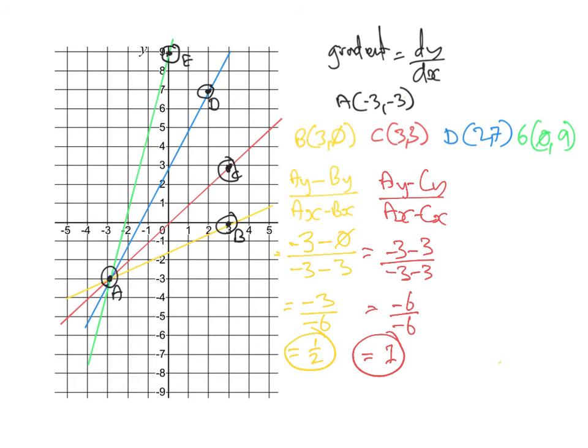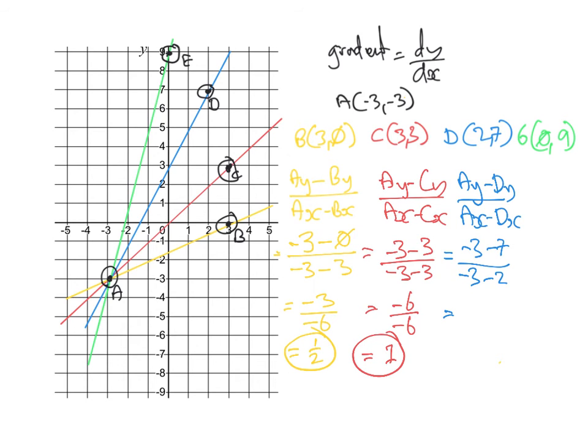So let's keep going. Is it true for the blue line? So again, the difference between the y components of A and D this time, because we're using a different one, over the difference between the x components of A and D. The y component of A we know is negative 3, take away the y component of D, which is 7, over the x component of A, which is negative 3, take away the x component of D, which is 2.